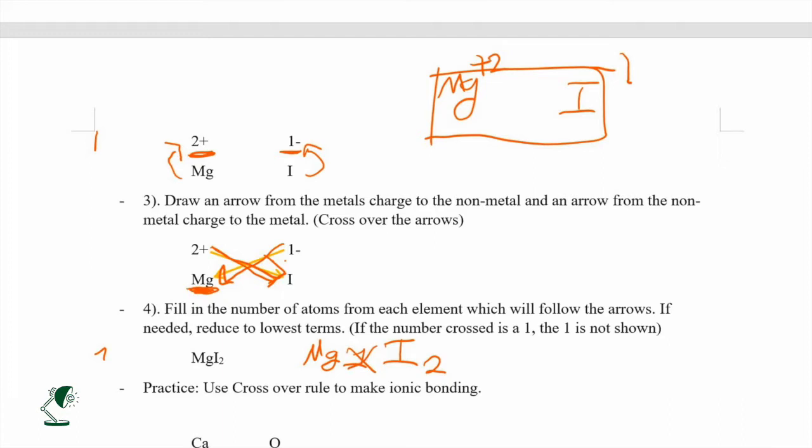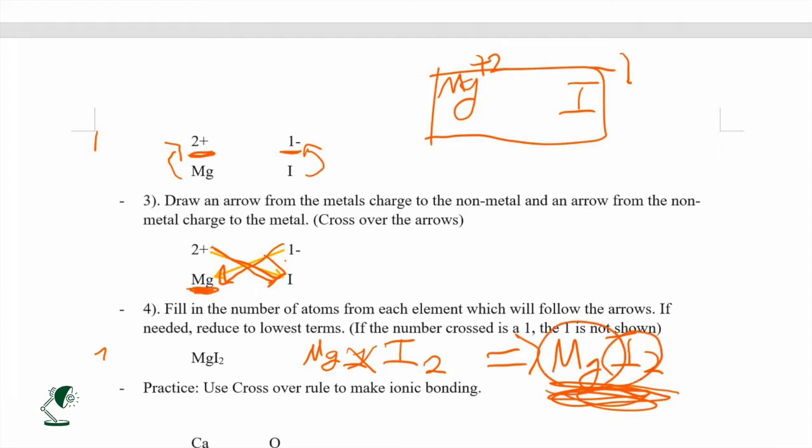Remember, we're not writing 1, so your final answer will be MgI2. This is your ionic compound composed of magnesium and iodine.